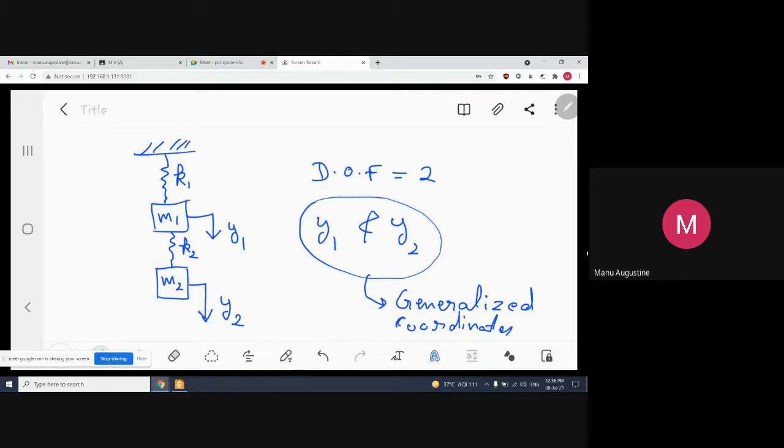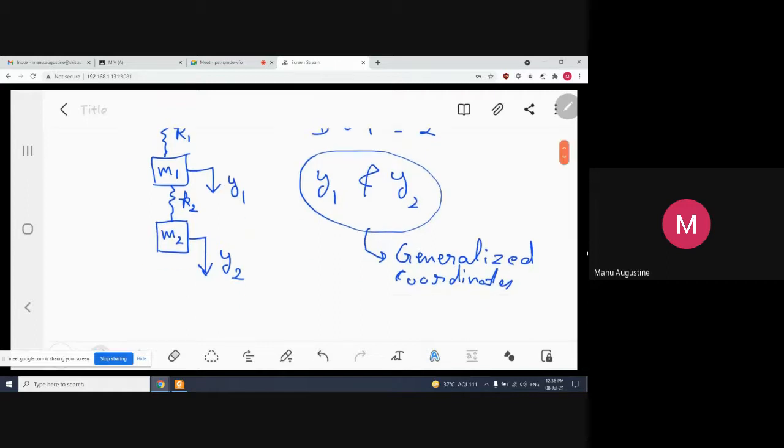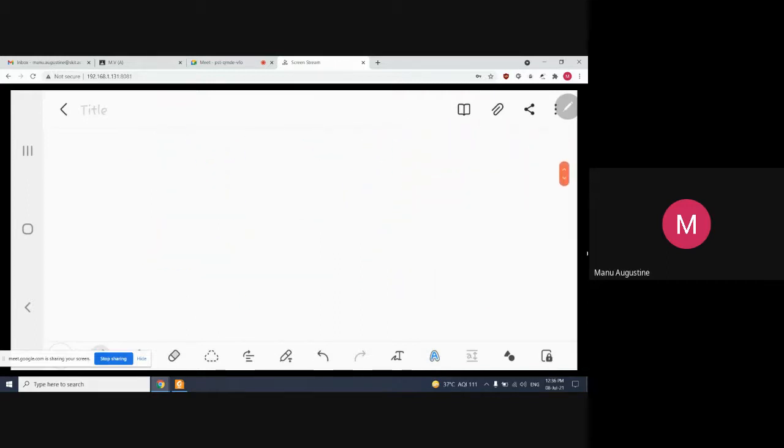Whatever your coordinate is, you have to mention it, and in doing so, you also inadvertently specify the direction in which the degree of freedom is occurring. So this is the differentiation between generalized coordinates and degrees of freedom. I hope this is pretty much clear to everybody. Now let us move on to a more formal definition of generalized coordinates.